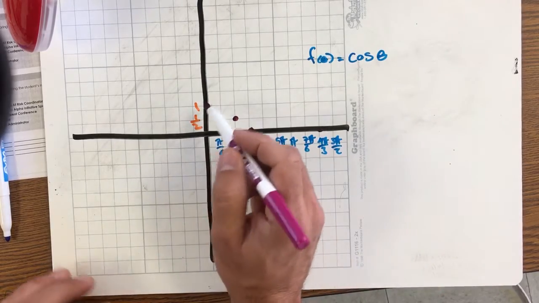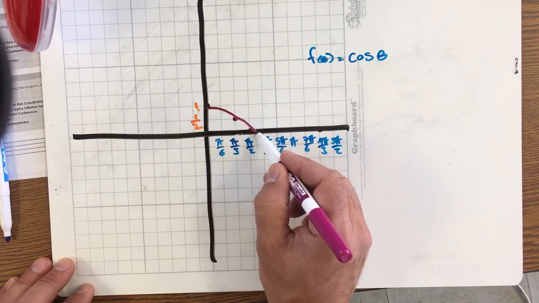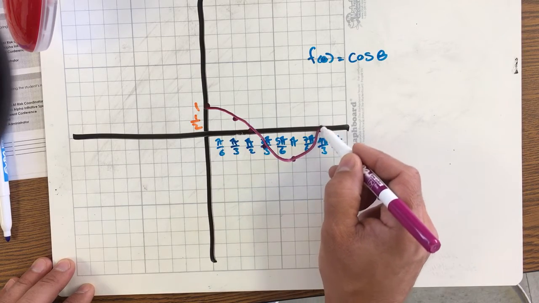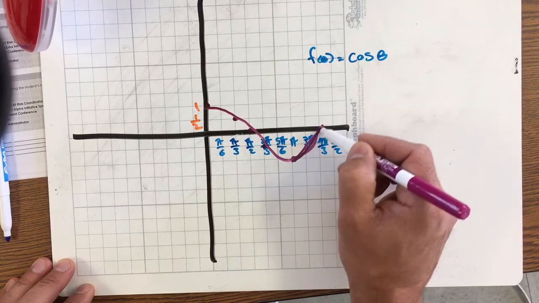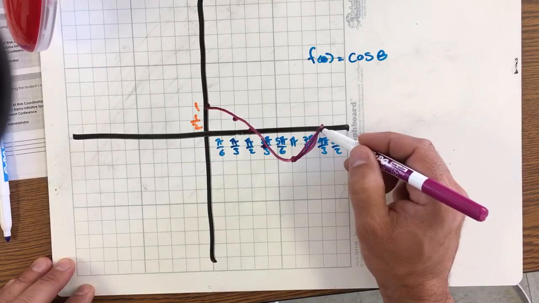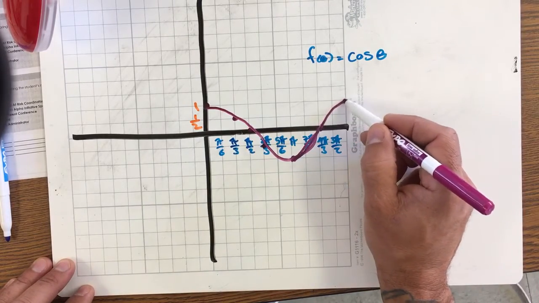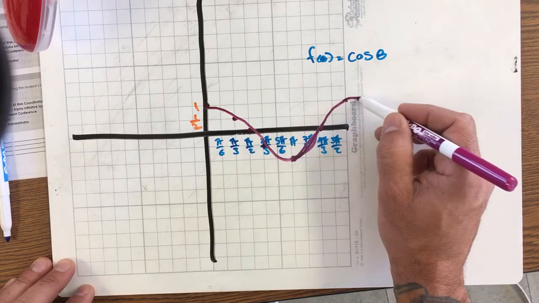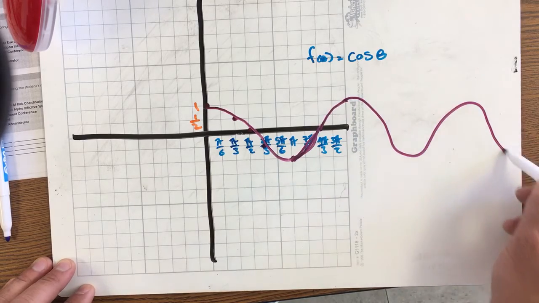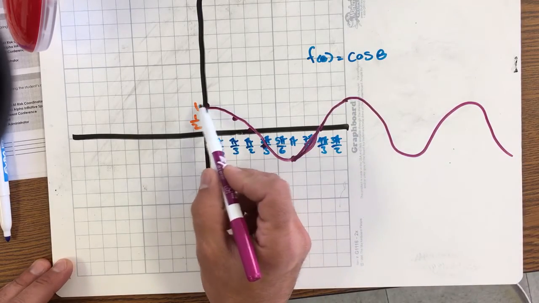So my graph is going to go like this. And then it's going to keep going with that same pattern over and over. It's going to do the same thing in the negative direction.